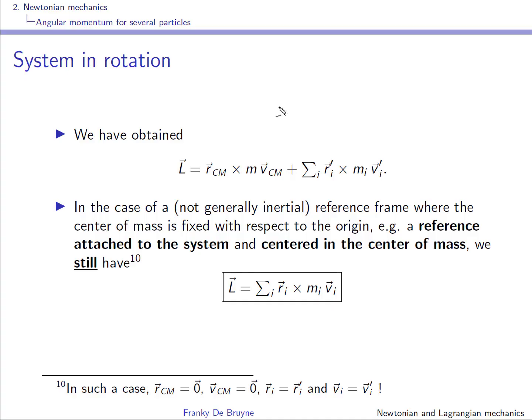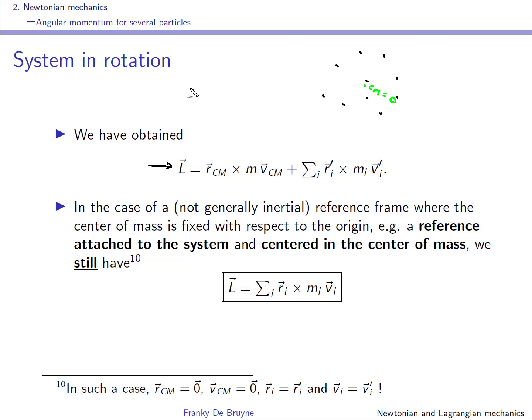Okay, this is the equation that we had obtained for the total angular momentum, but now we'll take a particular reference frame where the center of mass is fixed with respect to the origin. Okay, so let's make a drawing of that. Remember our system with lots of particles, and then we had somewhere here the position of the center of mass, and we'll just say that this corresponds to the origin of our reference frame, right?